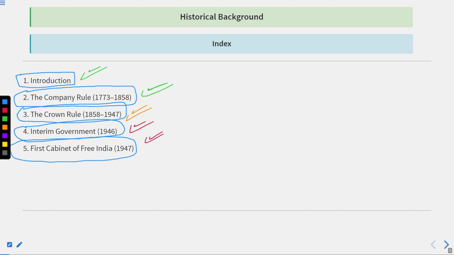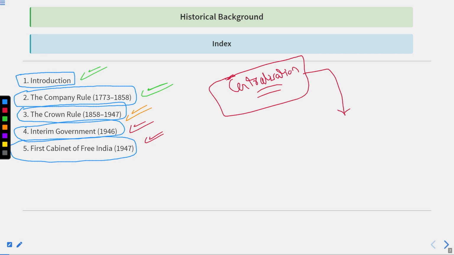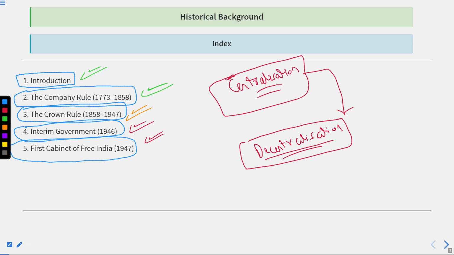We had discussed in the previous lecture how in the starting the Britishers had applied the centralization approach, which later converted into the decentralization approach, and we discussed it in detail.